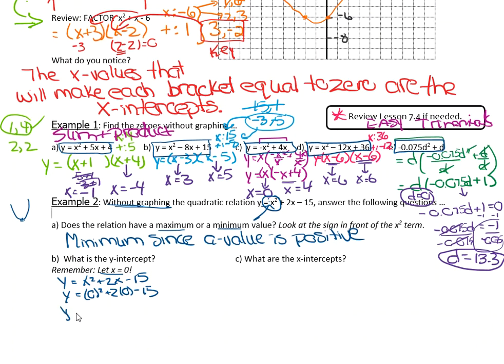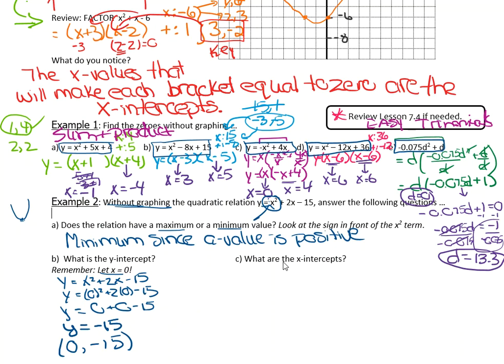That's y equals 0 plus 0 minus 15. So y equals negative 15. That's my y-intercept. That's pretty low. So the coordinate there would be, we put in a 0 for x and we got a negative 15 for y. That's my y-intercept.